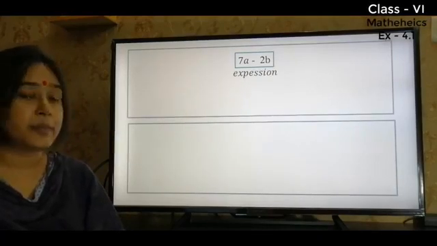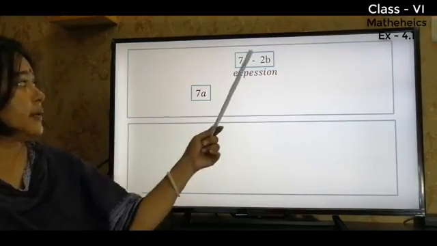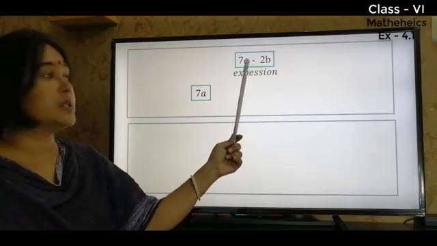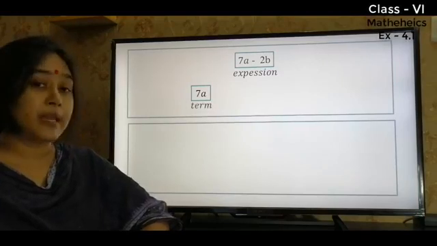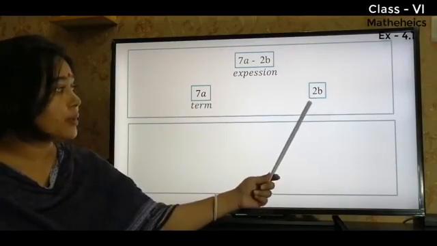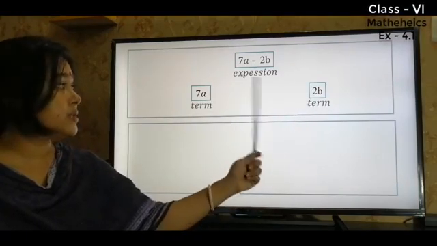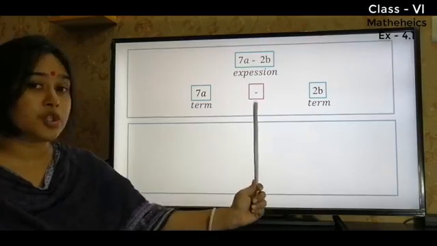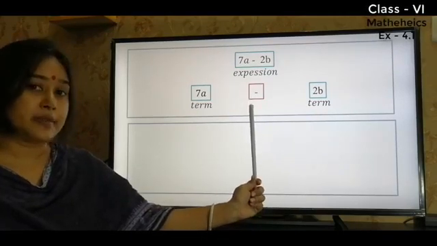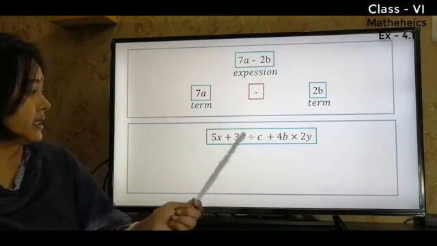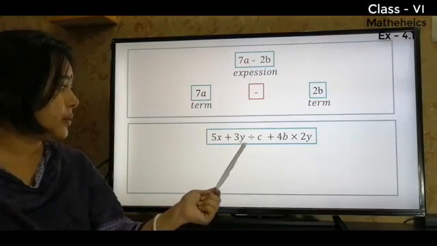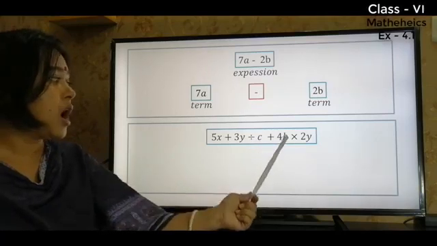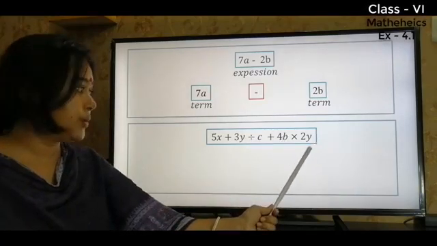Here the minus sign is between these two algebraic expressions. So 7a will be a term and 2b will be another term, and these two terms are linked with a minus sign.